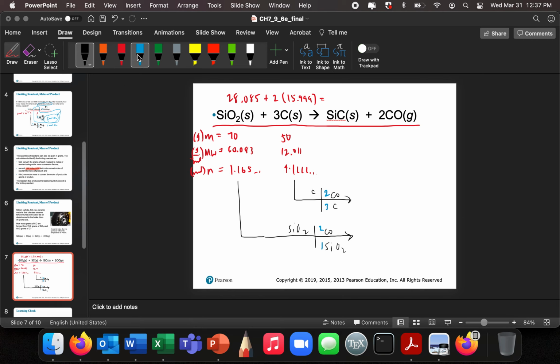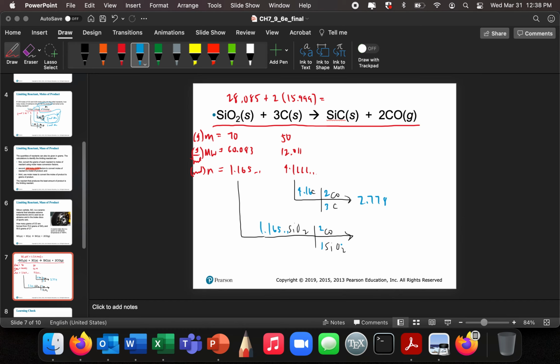And let's go back to blue now. It's 1.165 times 2, I guess, right? And then the carbon was 4.167, so 4.167 times 2 divided by 3 equals 2.777. Just a second here, sorry about that. 2.77, let's just round to 8.